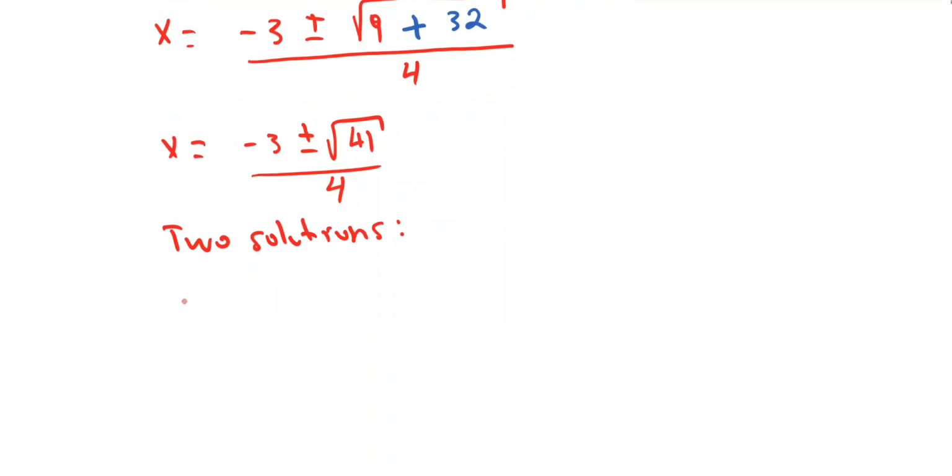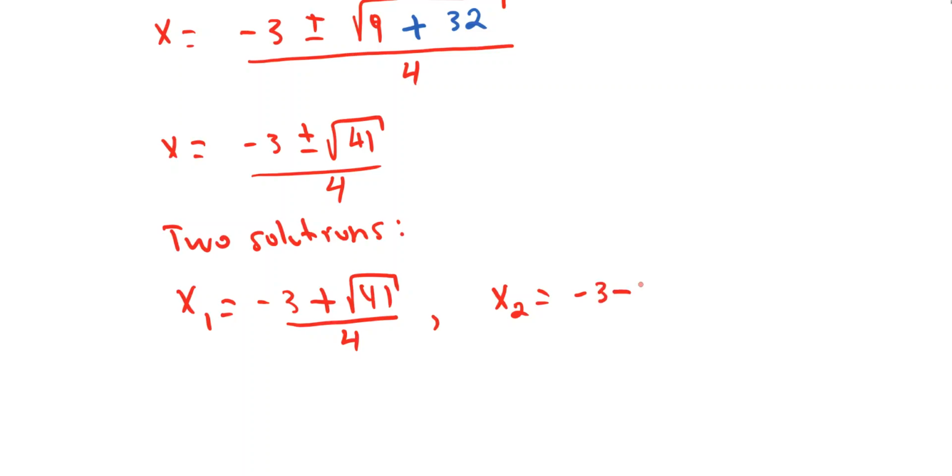The first one, let's call that x sub 1, is minus 3 plus square root of 41, divided by 4. The second solution, we call that x sub 2, which is negative 3 minus the square root of 41, all divided by 4. So we have these 2 solutions.